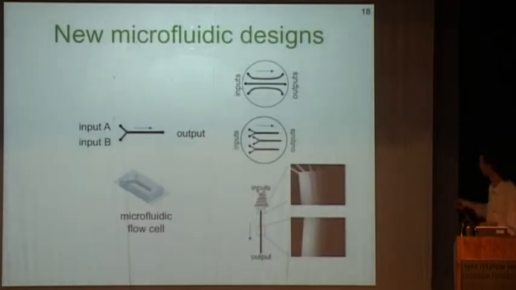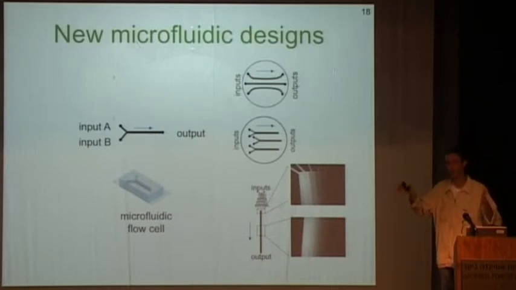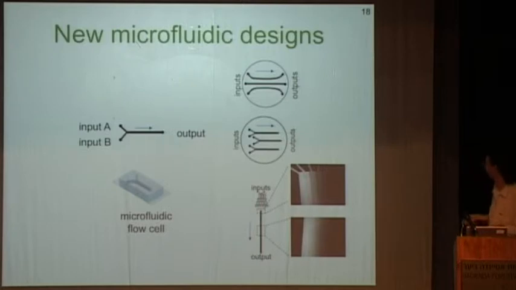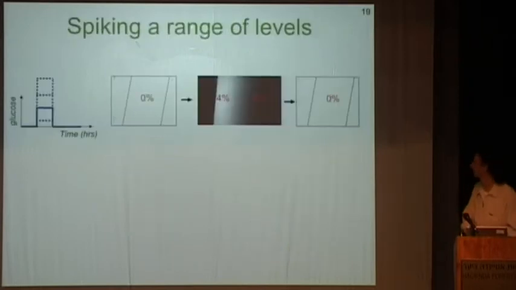We can also use more elaborate designs invented in the Whitesides group at Harvard, which can generate a gradient along the width of the channel. This will give us a tool to probe different concentrations. If we take this last design and turn the gradient on and then off, we can generate a spike with different heights.